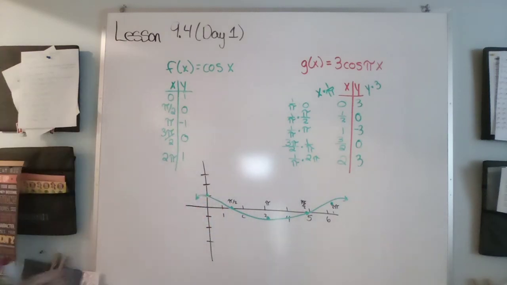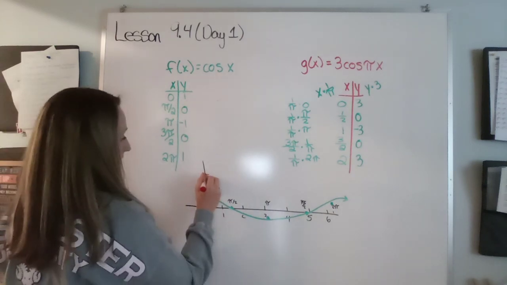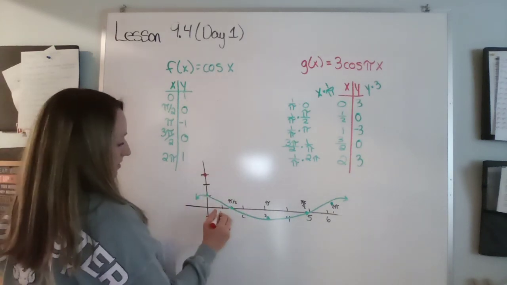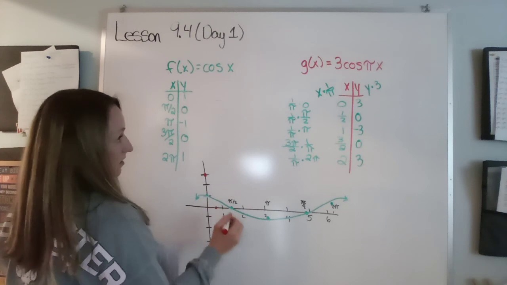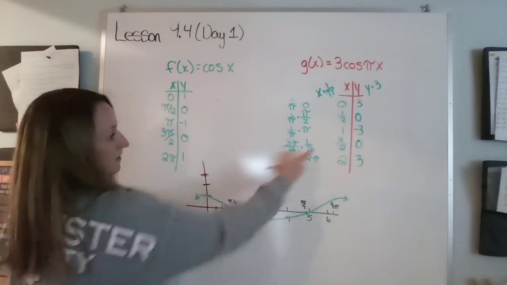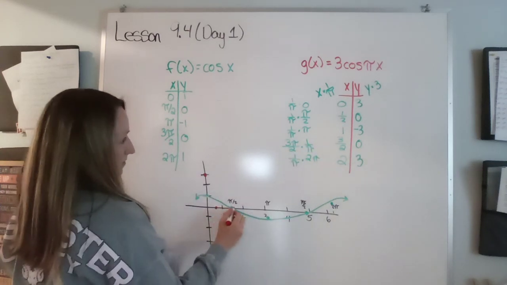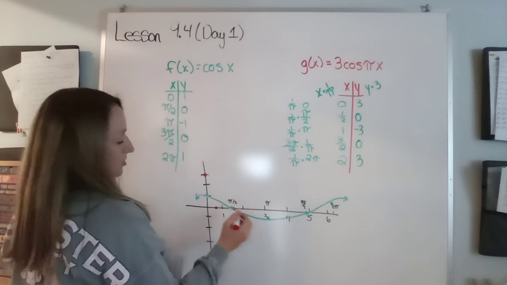All right, and then the other function is 0, 3, 1/2, 0, 1, negative 3, 3/2, so it's 1.5, 0, and then 2, 3.